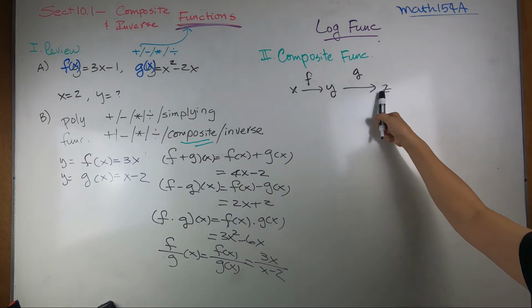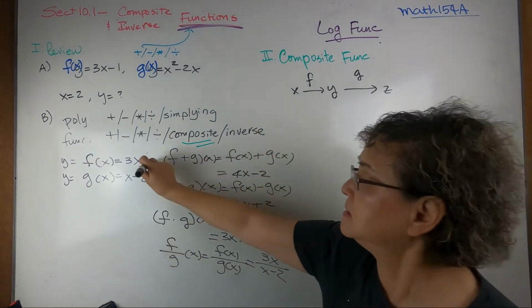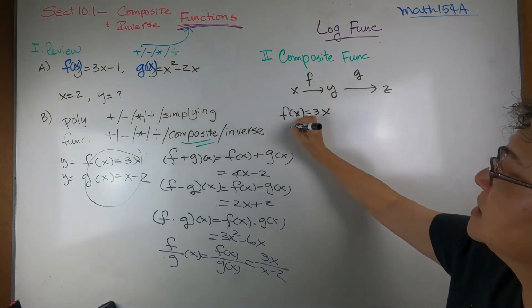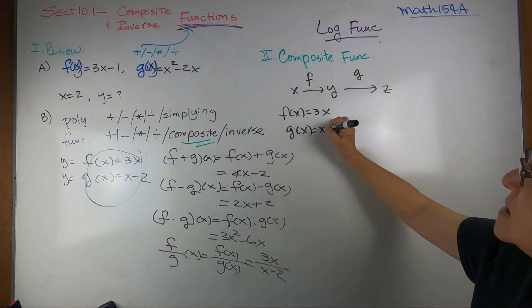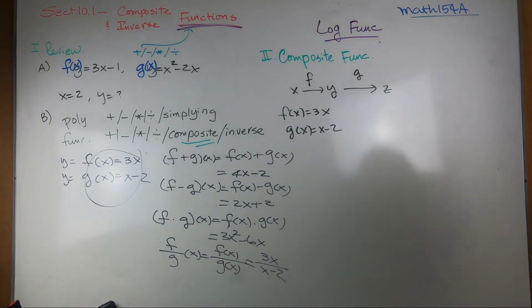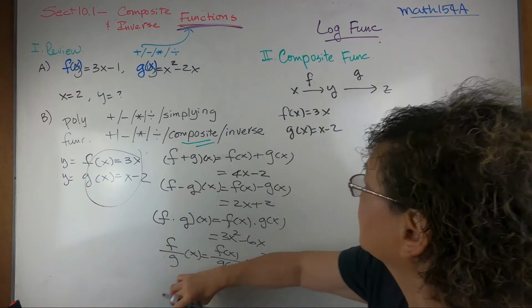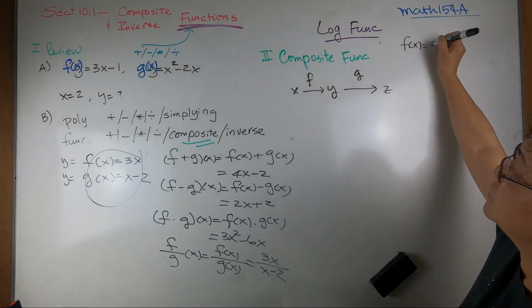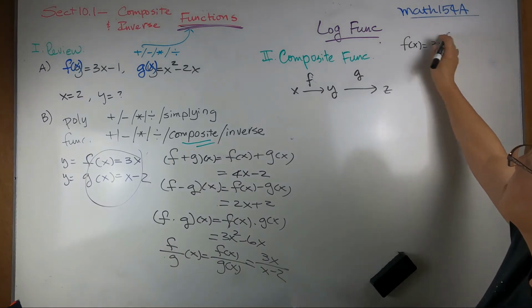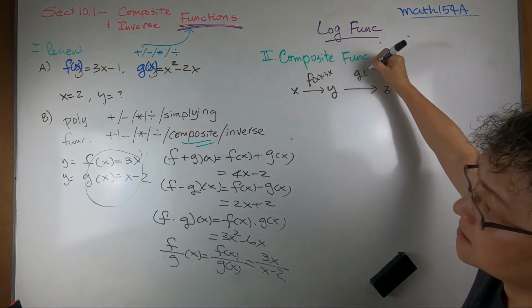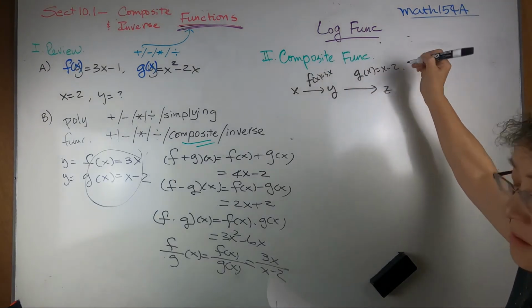So if I have this one, same thing. If I have f of x equals 3x, g of x equals x minus 2. So f of x equals 3x, g of x equals x minus 2, right?